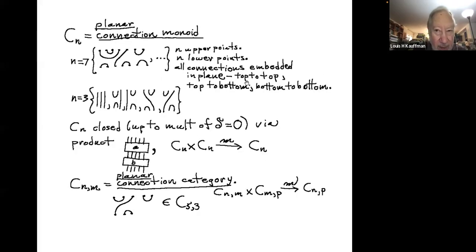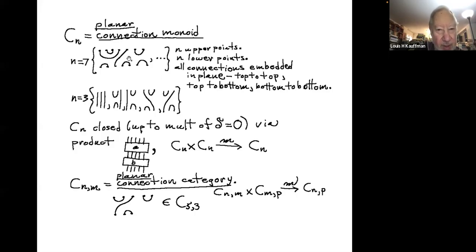But what we're going to look at here is very elementary things. We're going to look at the multiplicative algebra itself from the point of view of the planar connection algebra, which I just introduced to you as diagrams, but now I wish to introduce it to you again as a combinatorial structure.